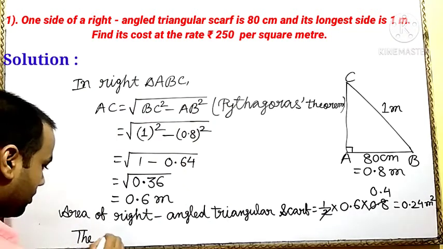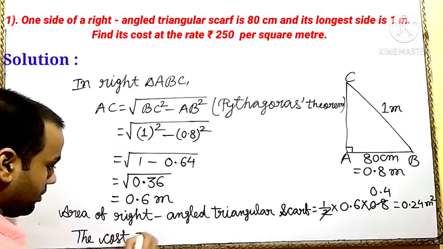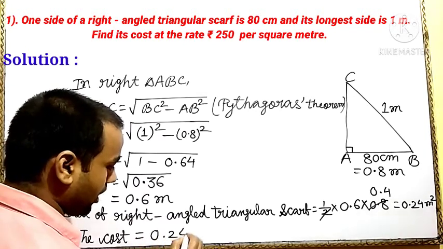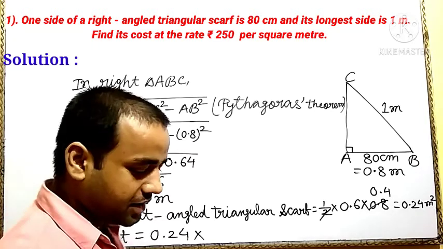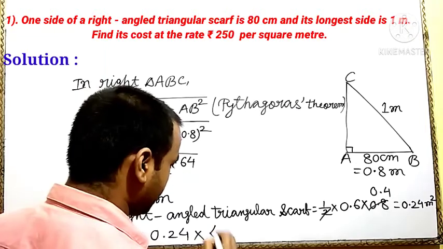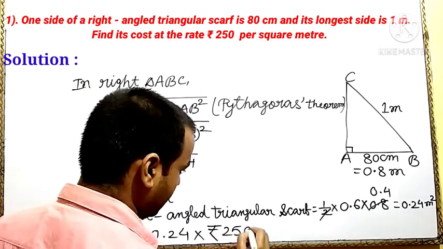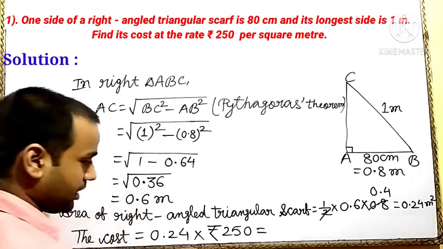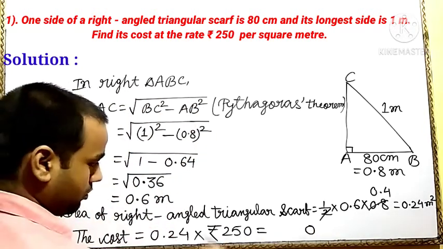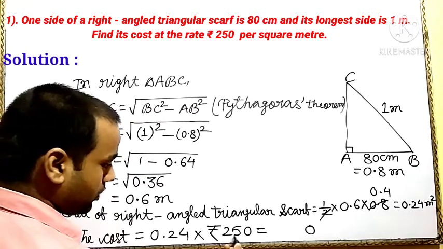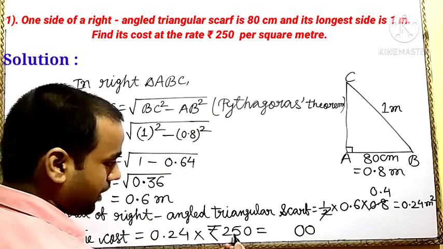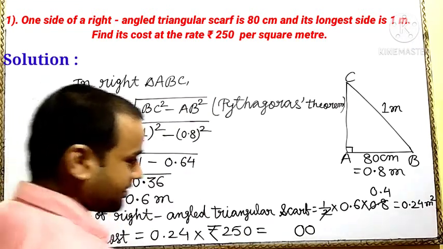So find the cost at the rate of 250 rupees per square meter. The cost is equal to the total area 0.24 square meter into the rate given, 1 square meter is equal to 250 rupees. Multiply: 25 into 24, 25 4s are 100, carry 10, 25 2s are 50 plus 10, 60.